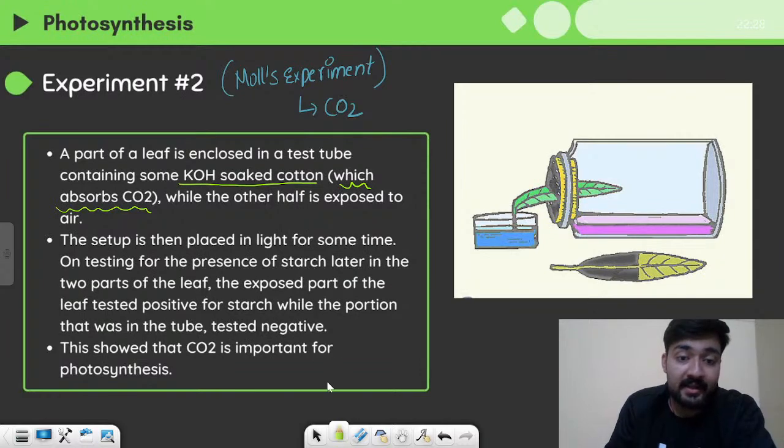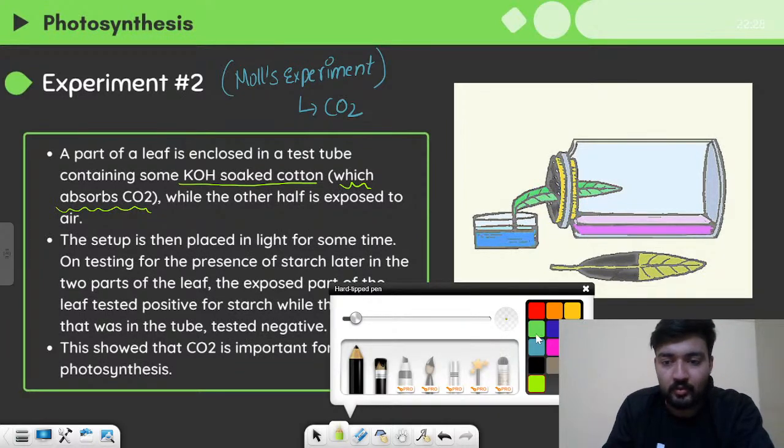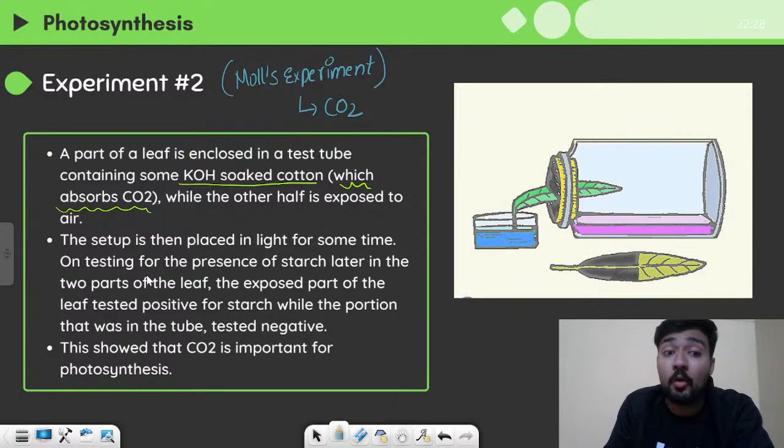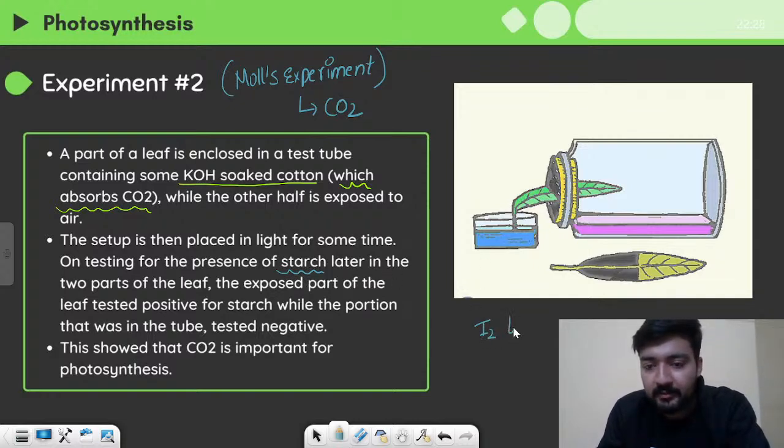Now the setup is then placed in light for some time. On testing for the presence of starch, again with the iodine test, so we use the I2 test to test for starch. If starch is present, this gives a bluish black color, right?